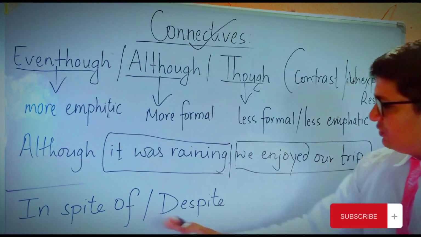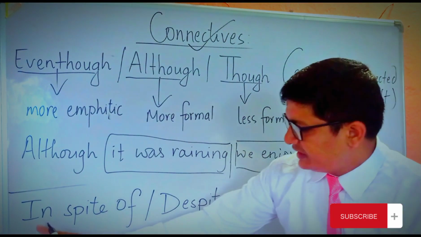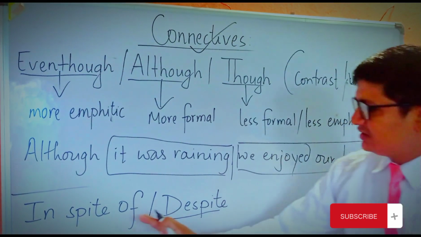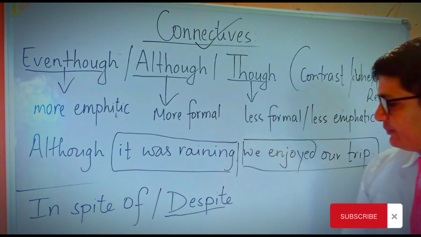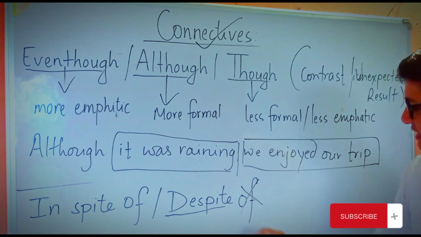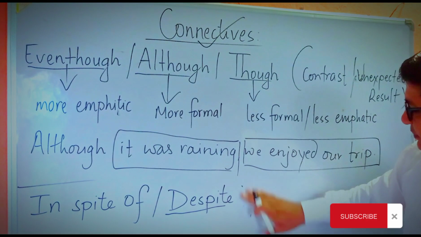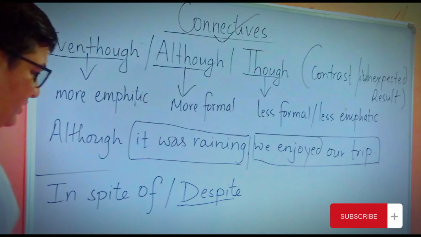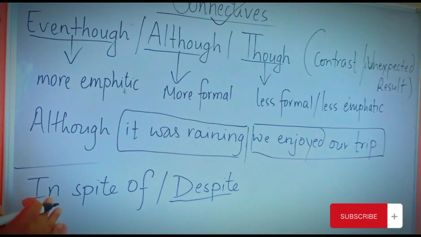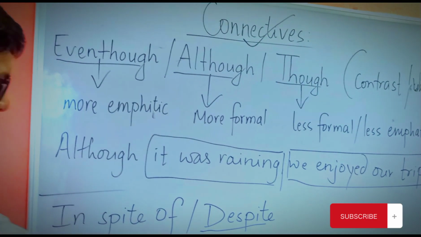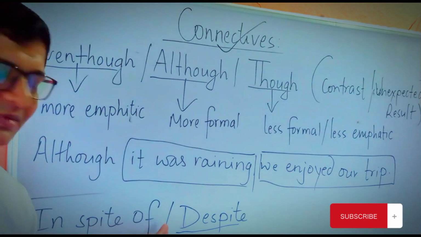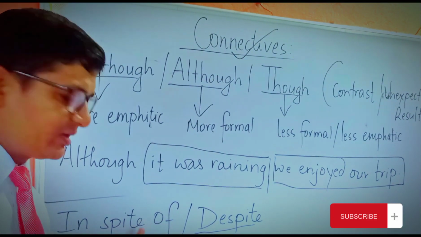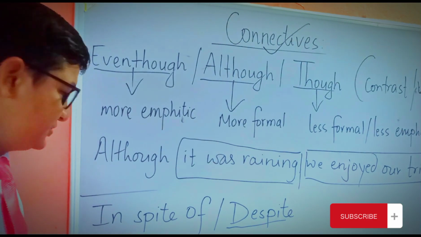What you can analyze here is that in spite has of, and despite alone is equal to in spite of. There is no of, you cannot write it. But if you see the subtle difference, despite is more formal than in spite of.